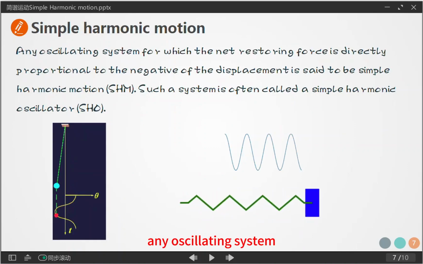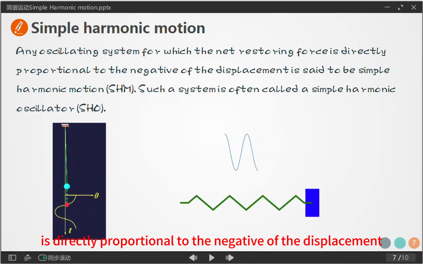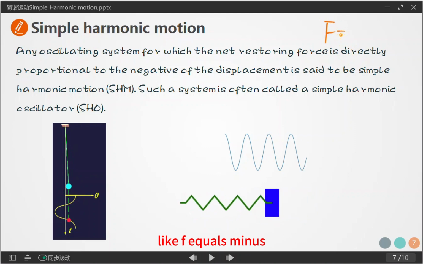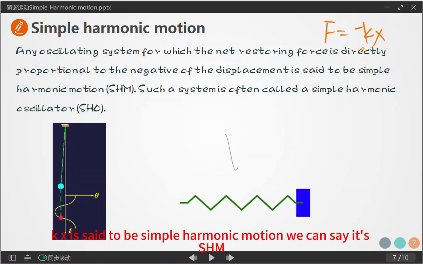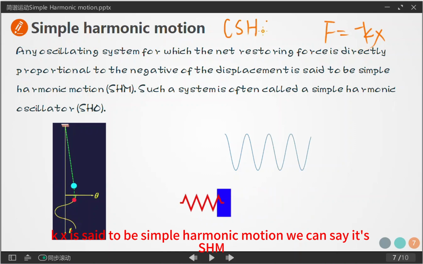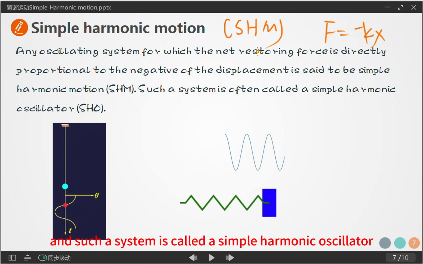Any oscillating system where the net restoring force is directly proportional to the negative of the displacement, like F equals minus kx, is said to be simple harmonic motion. We can say it is SHM. And such a system is called a simple harmonic oscillator.